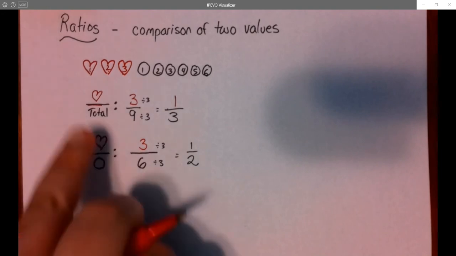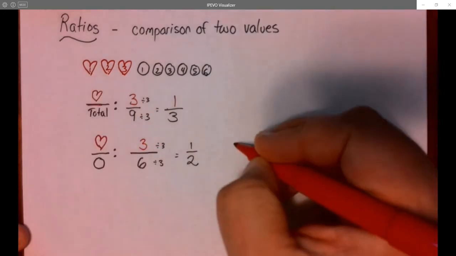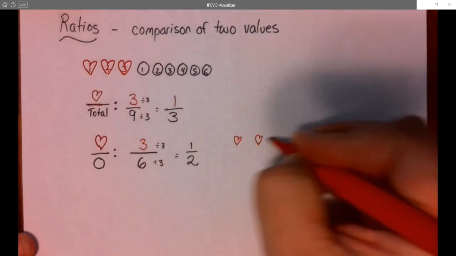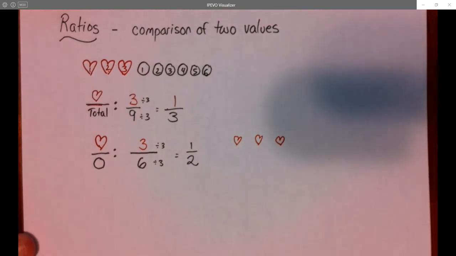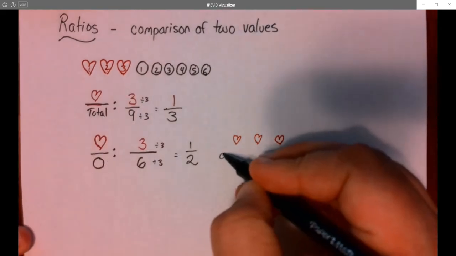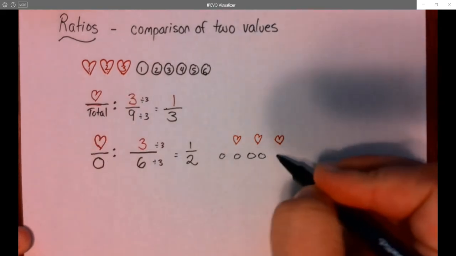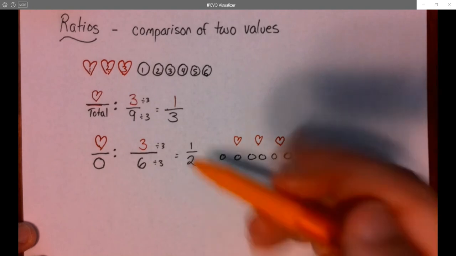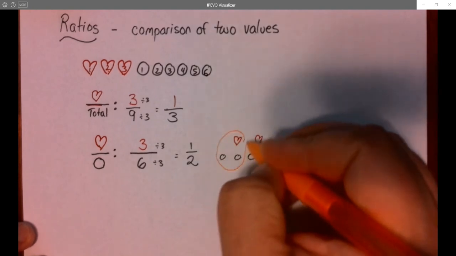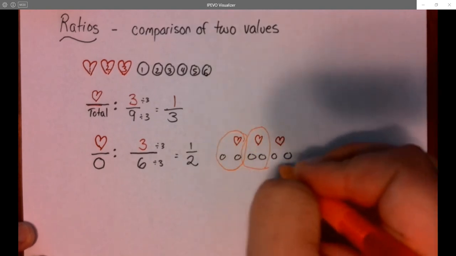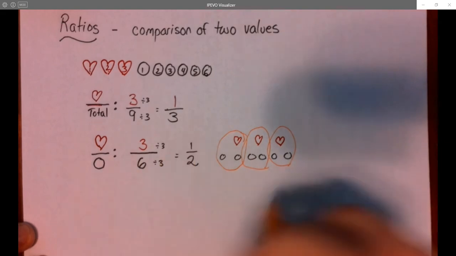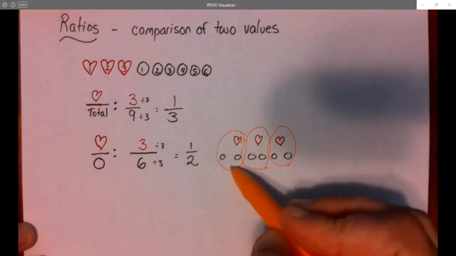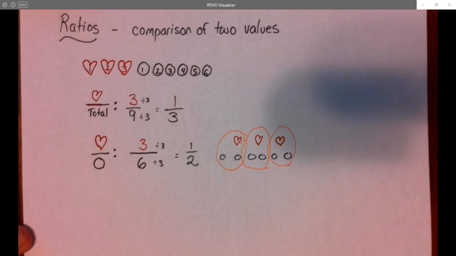Because if I were to draw it this way, 3 hearts and 6 circles, it's pretty easy for me to identify that each heart has 2 circles, right? So every 1 heart has 2 circles.